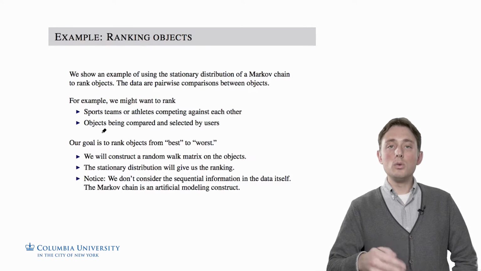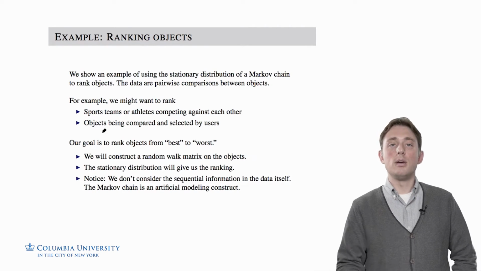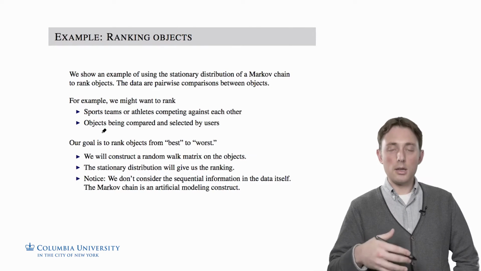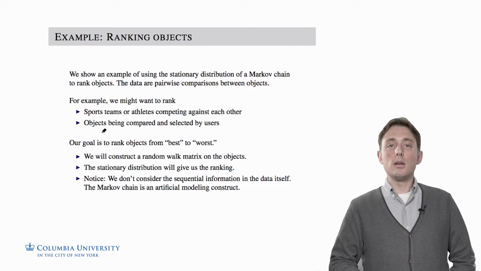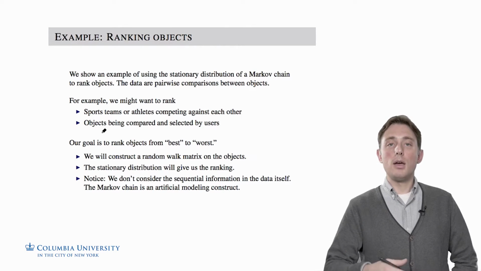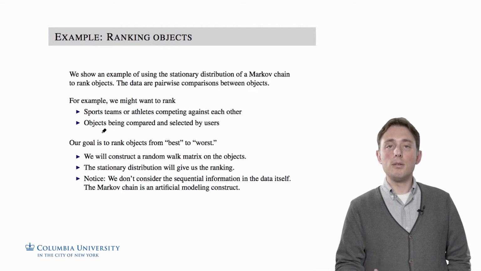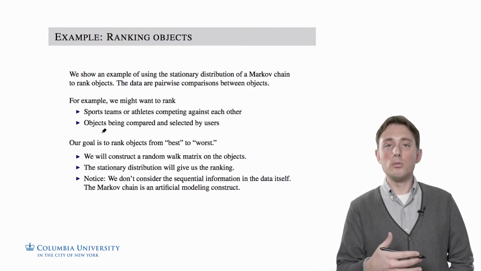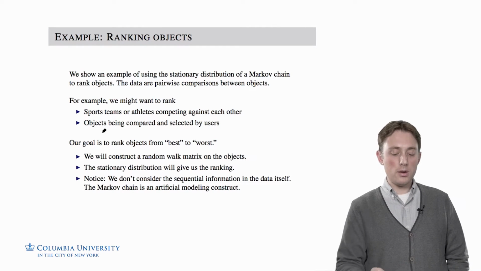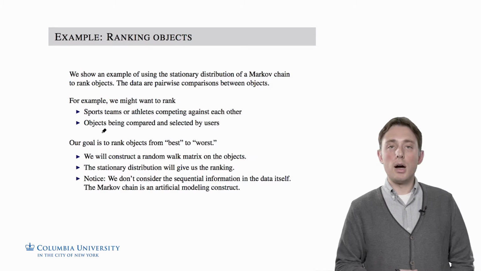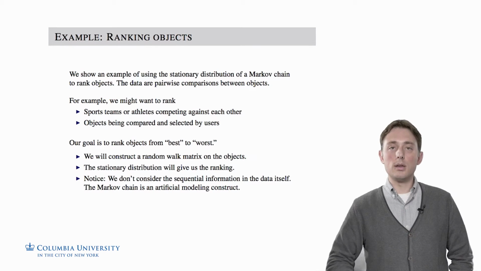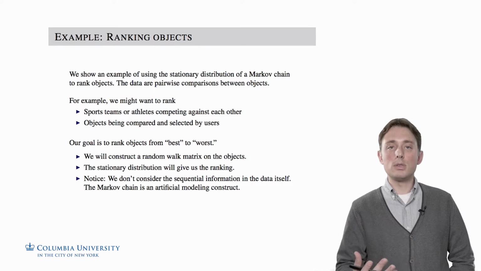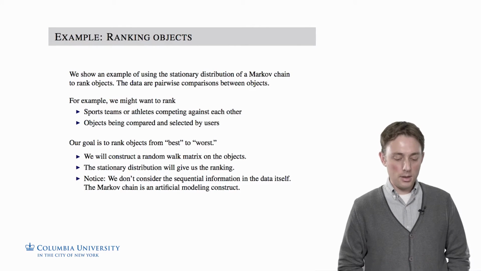We're actually using the Markov property as an artificial modeling construct where we can now interpret the stationary distribution of a Markov chain as giving us something meaningful, but the Markov chain that we're constructing doesn't actually correspond to anything meaningful in reality. So this is where an abstract sort of model is very useful, where we don't enforce that it has to actually correspond to something happening in reality.